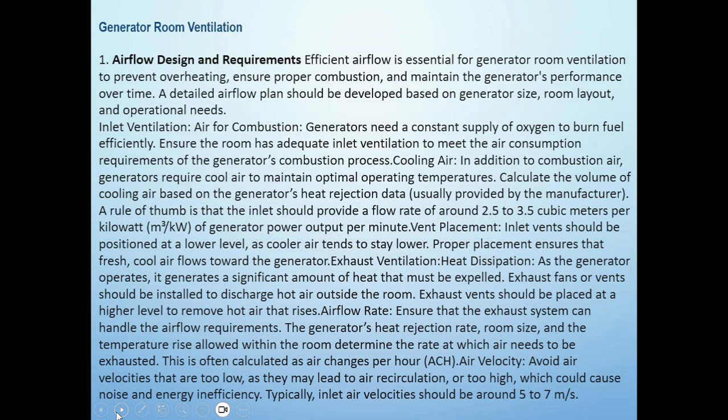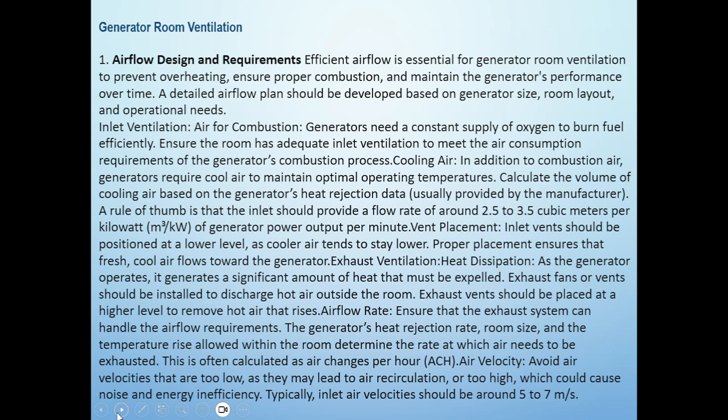A rule of thumb is that the inlet should provide a flow rate of around 2.5 to 3.5 cubic meters per kilowatt of generator power output per minute. Vent placement. Inlet vents should be positioned at a lower level, as cooler air tends to stay lower. Proper placement ensures that the fresh, cool air flows towards the generator.